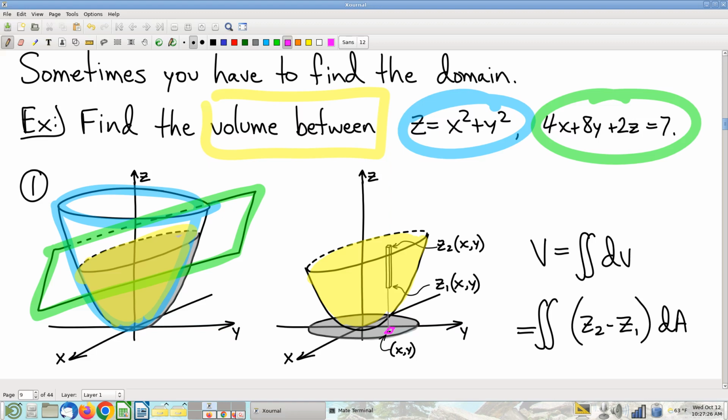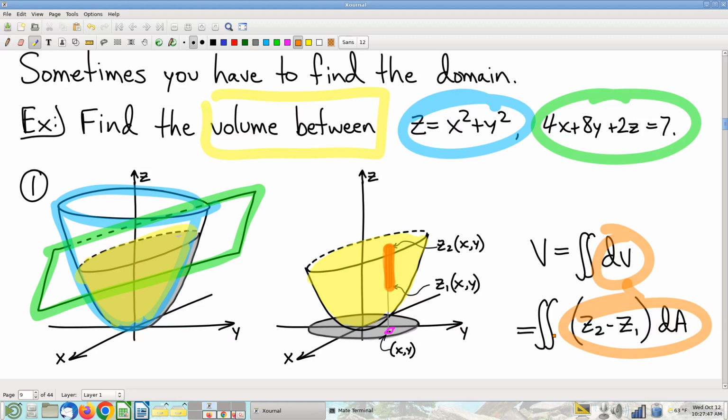We're looking at the volume of these little, as I like to call them, French fries. We'll add up the volumes of those French fries. French fry volumes are height times the area of the base. This is all straight up Riemann sum, chop it up, add it up approach.